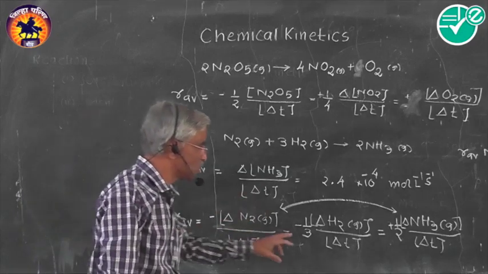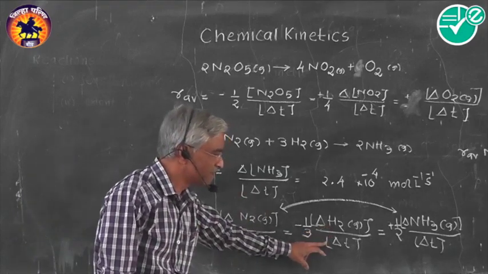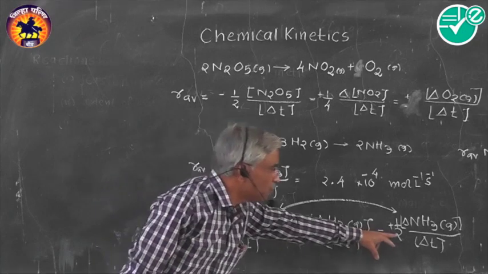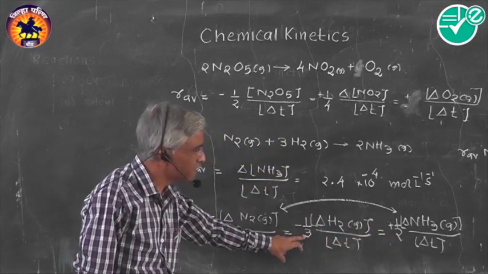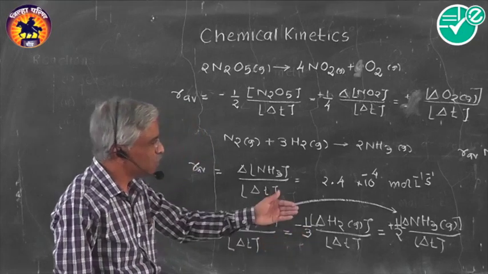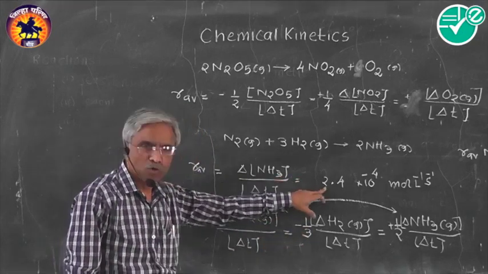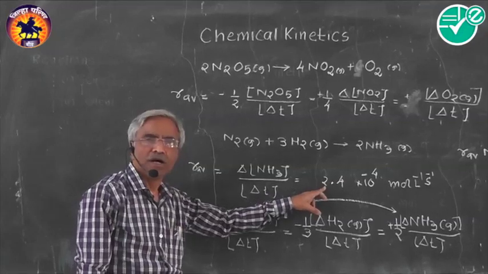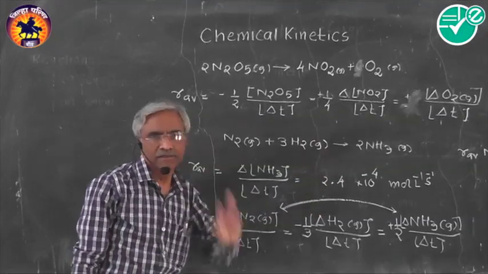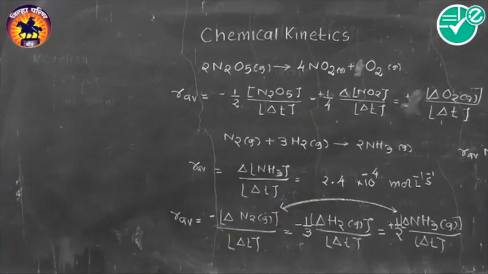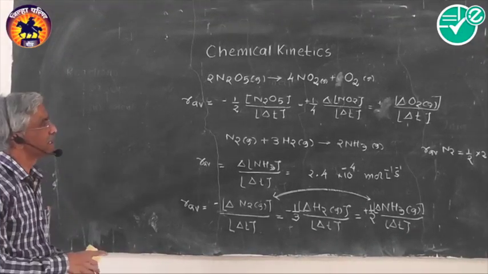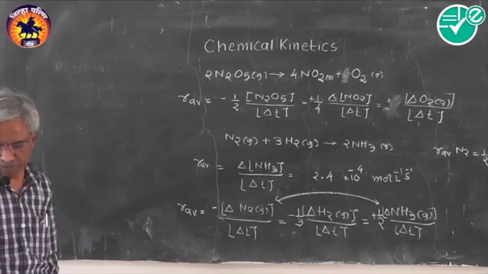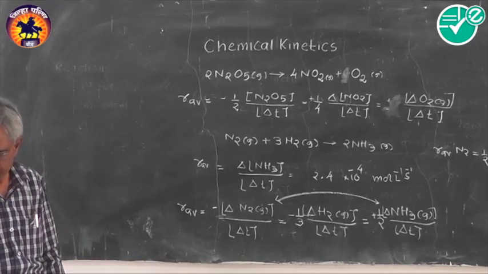But if you want to calculate with respect to hydrogen, then this 2 factor has to be transferred here. It will become 2 by 3, and then by multiplying the value of the ammonia given here, 2.4 multiplied by 2 by 3, you will get the rate of reaction in terms of hydrogen, and such objectives are always being given in the CET, particularly in CET.